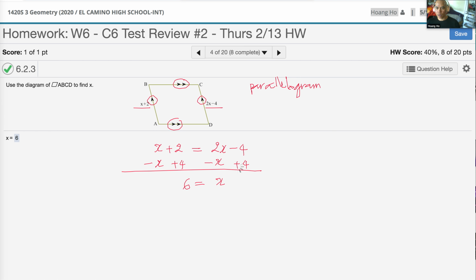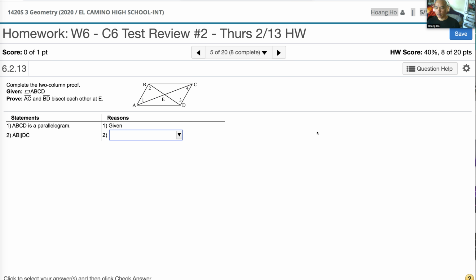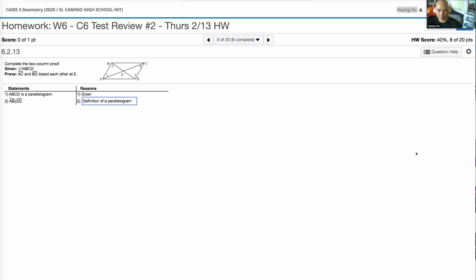All right, next question. Question 5. Let's play this. Complete the two-column proof. Given parallelogram ABCD, AC and BD bisect each other at E. Okay, so ABCD is a parallelogram. AB is parallel to CD, so this should be the definition of a parallelogram.